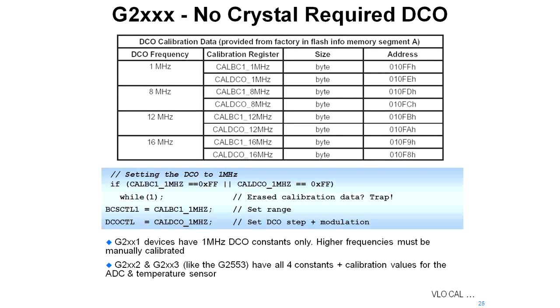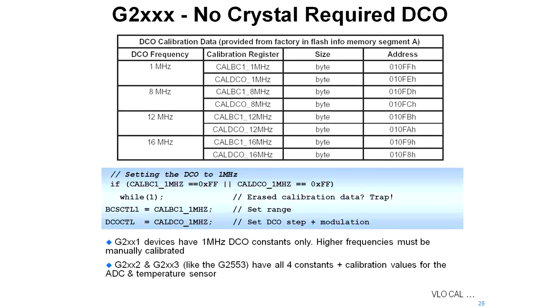The first statement is an if statement, and we're checking to make sure that the calibration constants are not FF. Well, why do we check to see if they're FF? Because when you read an erased flash memory, it comes back as FF, meaning that somewhere someone has inadvertently erased your calibration constants. Well, you don't want to flash those into the part.